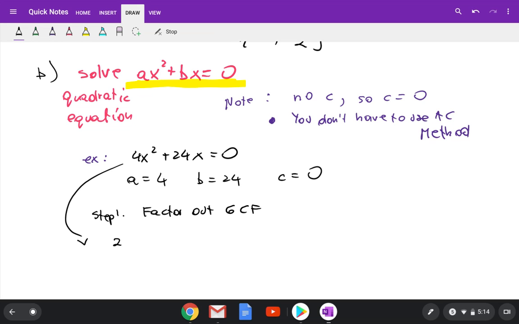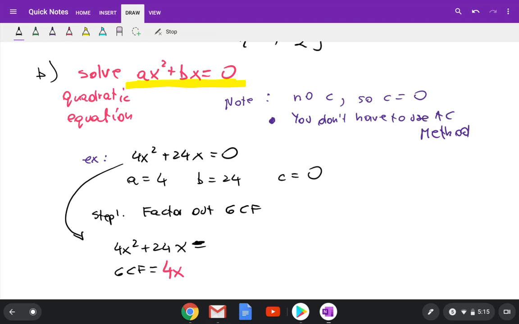So we have 4x squared plus 24x. GCF will be, we have 4 and 24, so the integer which divides both of them is 4. You have x squared and x, so you pick the variable with the lowest exponent, which is x. So we're going to factor out 4x.